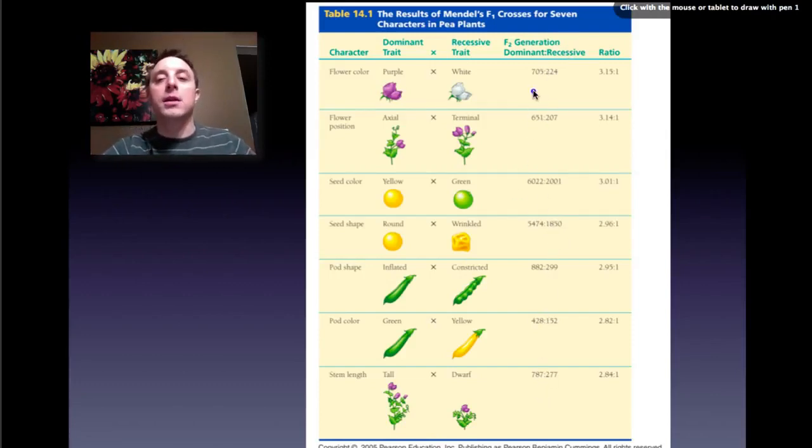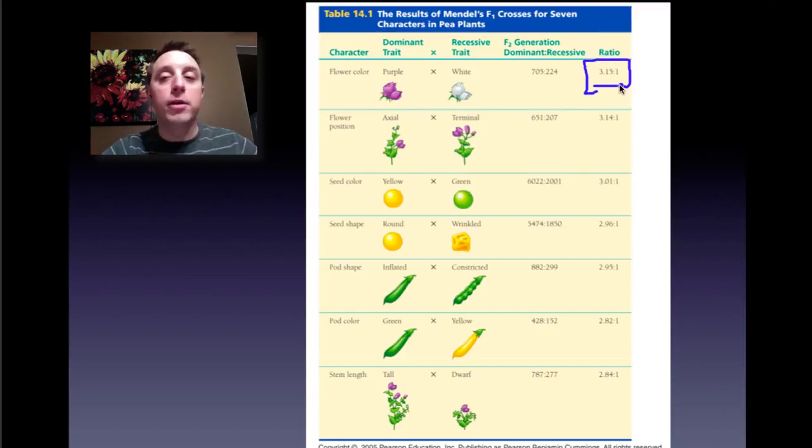Remember, this is crossing two of the F1s that both would have the dominant phenotype, and reducing those to a ratio. He got very, very close to a 3-to-1 ratio for all of them. The furthest away he gets above a 3-to-1 is the 3.15-to-1 in the flowers, and the furthest away below is 2.84-to-1.